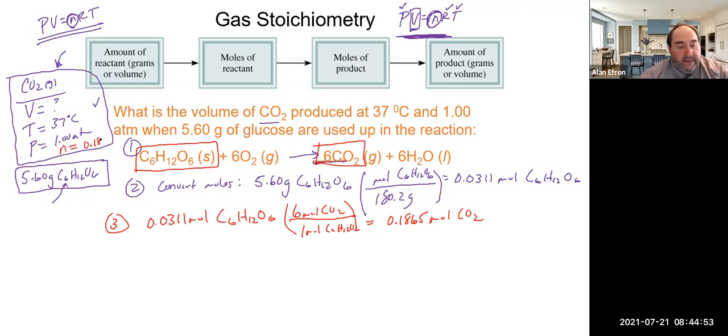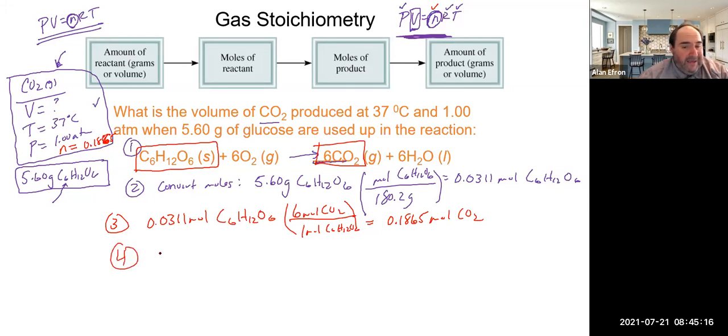And remember, because we're dealing with CO2, we want to make sure that we are using the correct moles. Now we do have everything that we need to get to the volume of the CO2 that would be produced, which is a common question. So number 4 here is very typical in a gas stoichiometry problem.